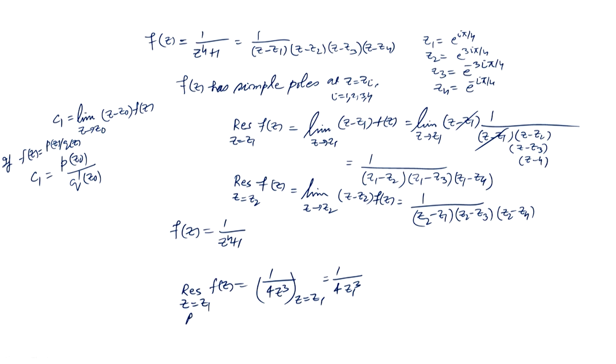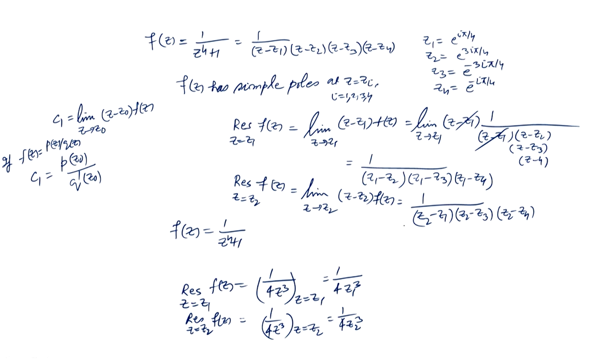Similarly, if you find the residue at z = z2, you do not have to do anything, you know already the derivative of the denominator of f(z). So again 1 by 4z^3, and you put z = z2. So, this is 1 over 4z2^3, and similarly for z = z3 and z = z4, we will get the residue as 1 over 4z3^3 and 1 over 4z4^3.